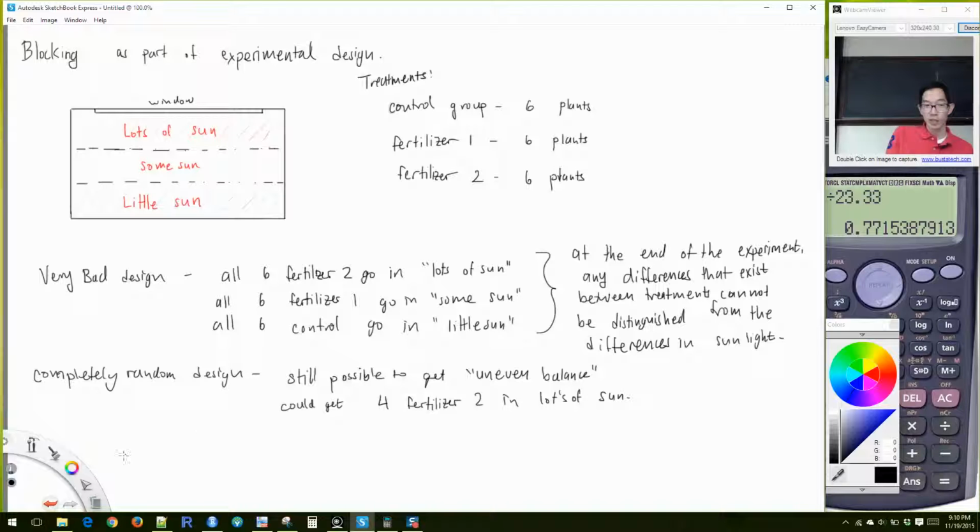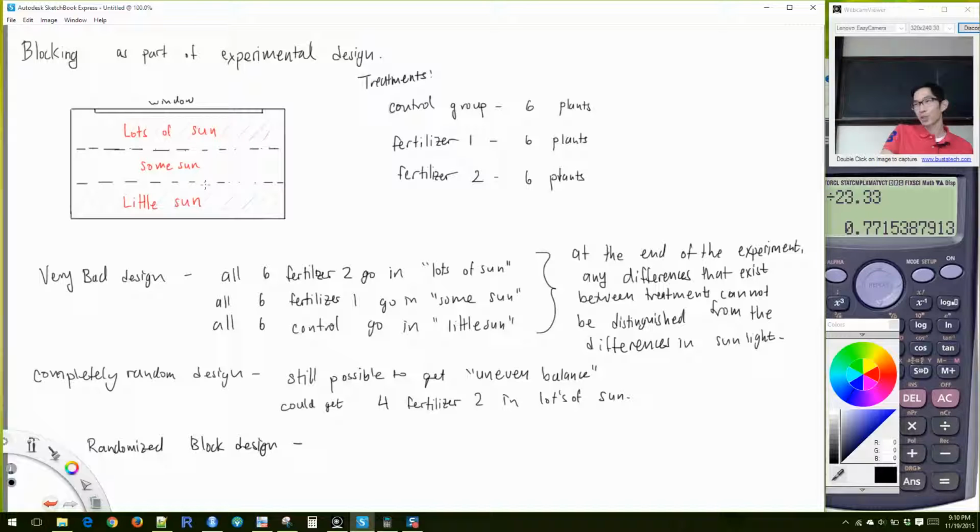Okay, and so we have the randomized block design. That says, hey, we want to know the difference between these different treatment groups. We know sunlight has an effect on plant growth. We know that this is a known phenomenon. Okay, we're not interested.